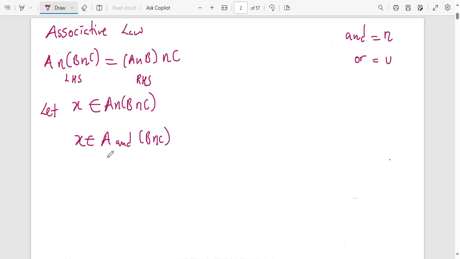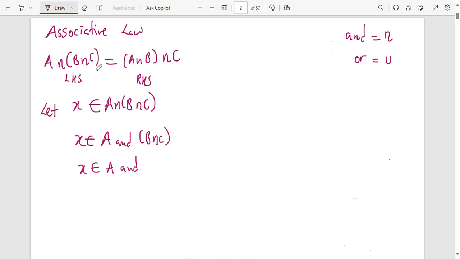And then this also means that X is a member of A, and I'm also going to put, where there is a B intersection here, I'll again put the word and.